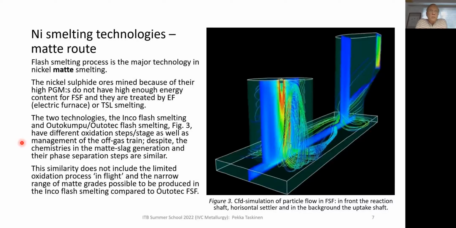except those who are treating special nickel concentrates, which contain very high platinum group metals concentrations. They are typically in South Africa, those deposits, and they don't have enough sulfides to sustain the flash melting heat balance.